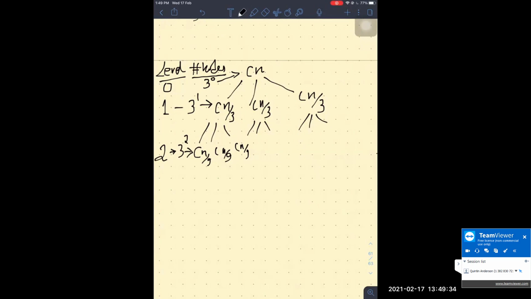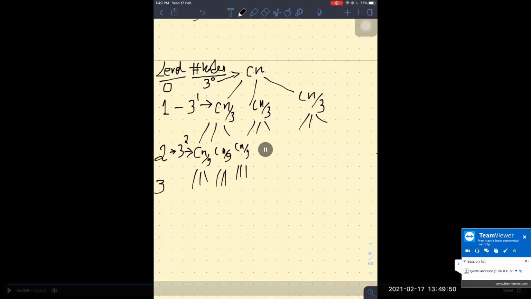Okay, so for level 2, we will get 3 to the power 2 nodes in this way. If we progress, then for the third level, okay, can anyone guess?